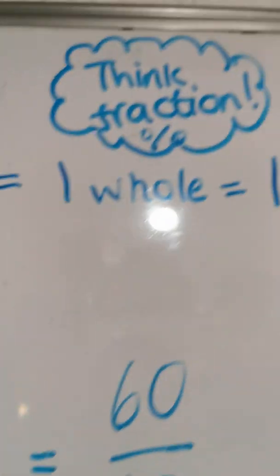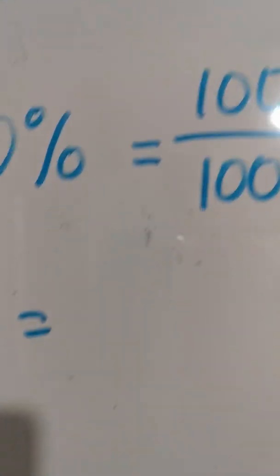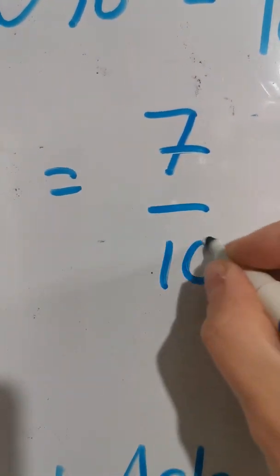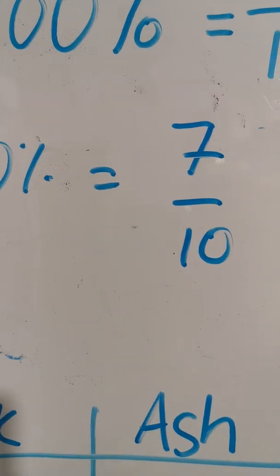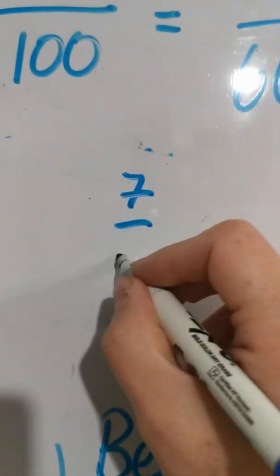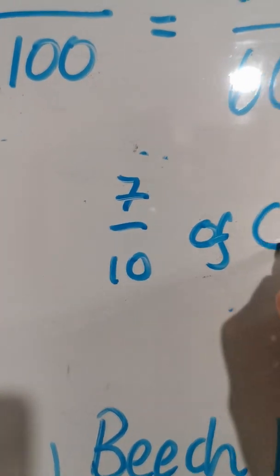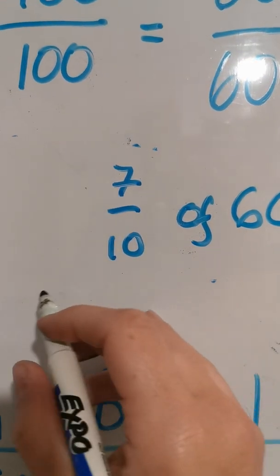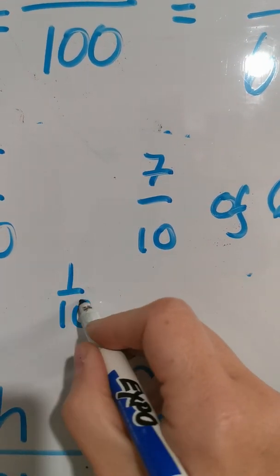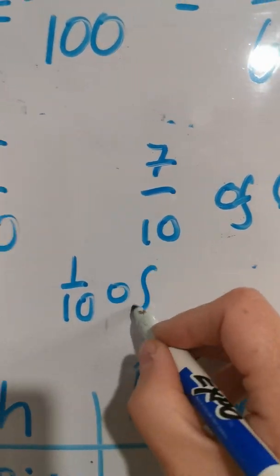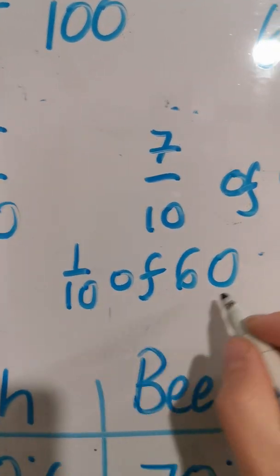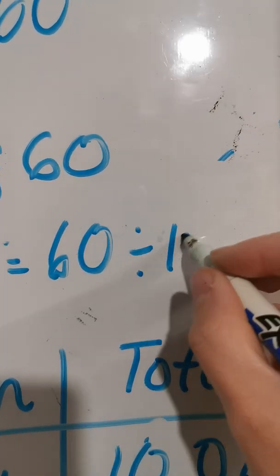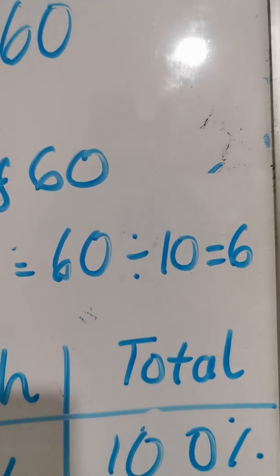70% down, and I have to think fraction. 70% is the same as 7/10. So I'm actually finding 7/10 of 60. Now how do I do that? Well, if I go back and I think, well, I remember to do 1/10 of 60, I had to do 60 divided by 10 to give me 6.